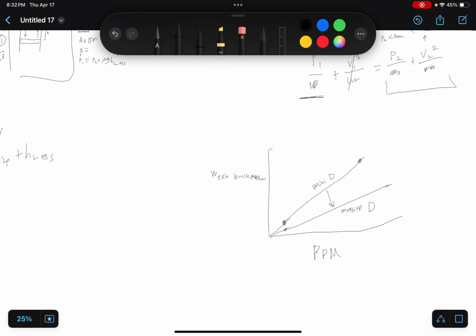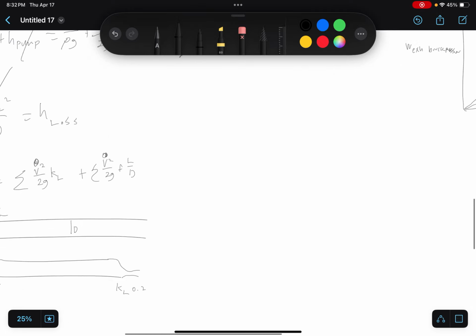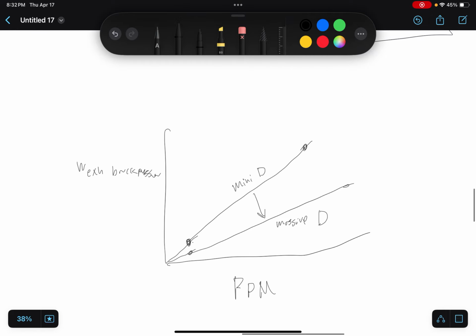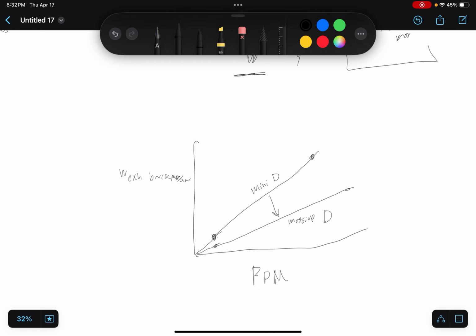Yeah, so if you get an aftermarket exhaust with a bigger exhaust diameter, or any of these other modifications that reduce back pressure, it'll move this line down. And your engine is tuned for a specific back pressure, which is one of the reasons why, if you buy a car with a warranty, they don't really want you swapping out the exhaust, because your car is literally programmed for a specific back pressure curve.